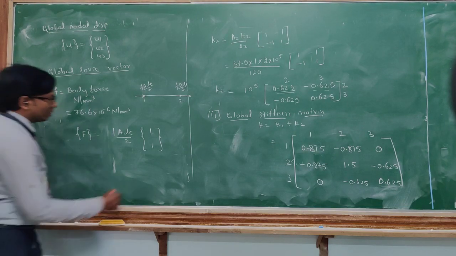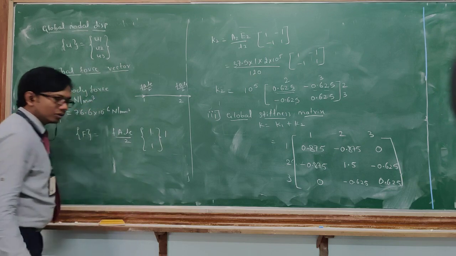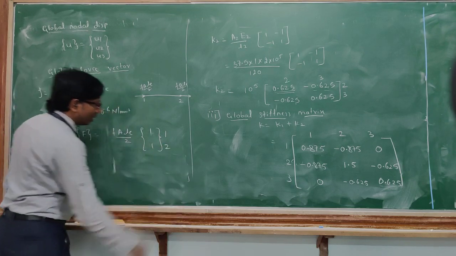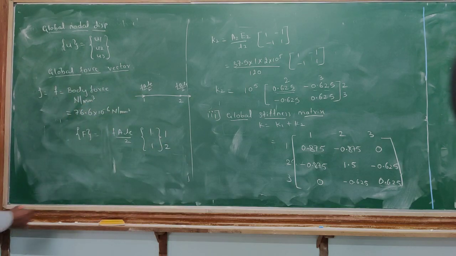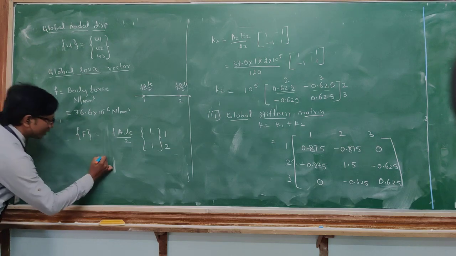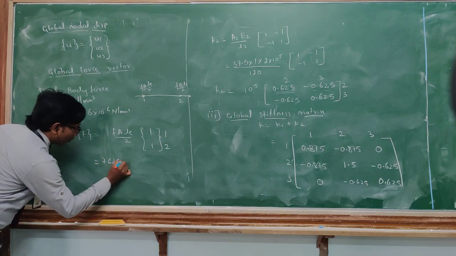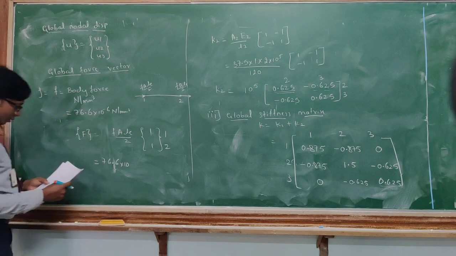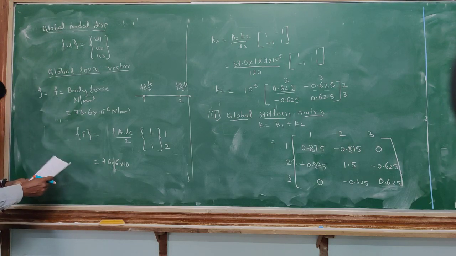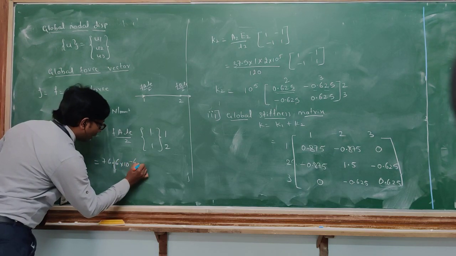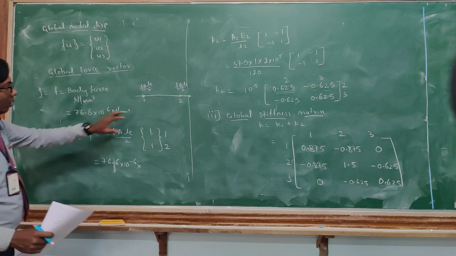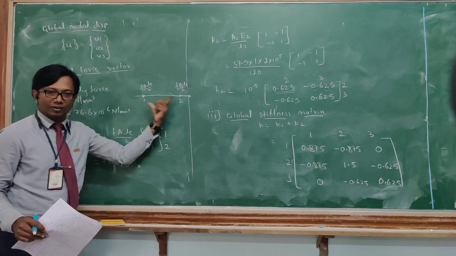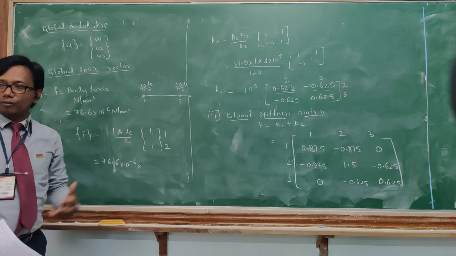So F11 means it is the load acting on the first node, and this is the load acting on the second node. If you calculate this, it is 76.6 into 10 to the power minus 6. As we are talking about the load equivalent for the first element, you have to calculate the area of that element.